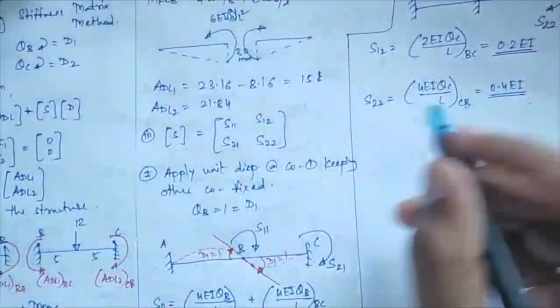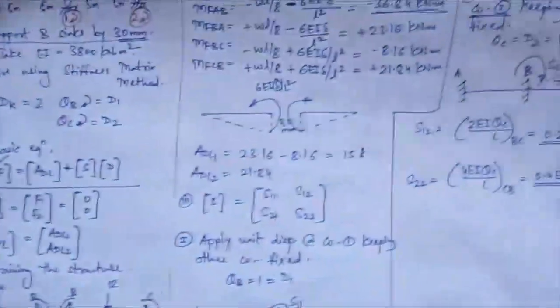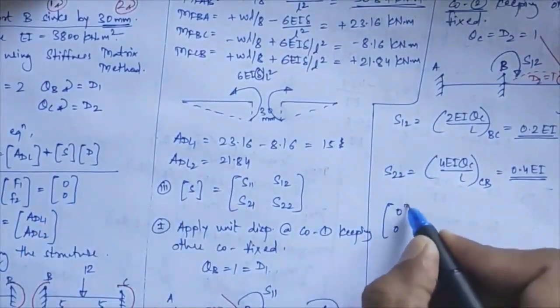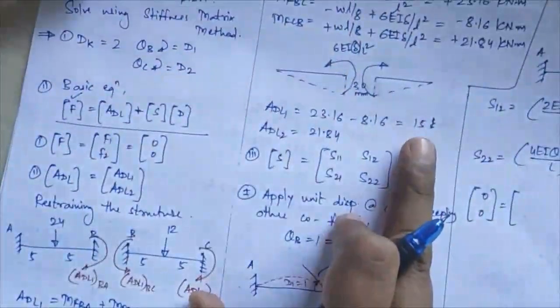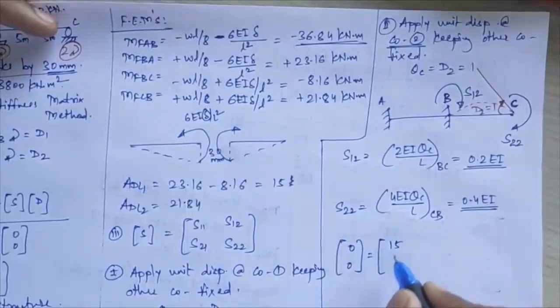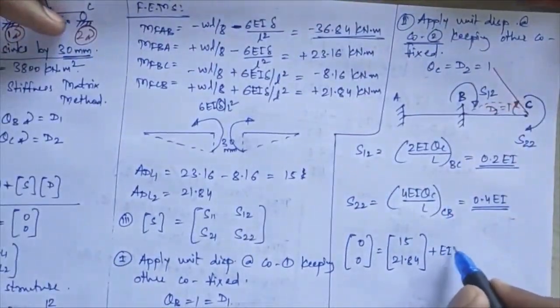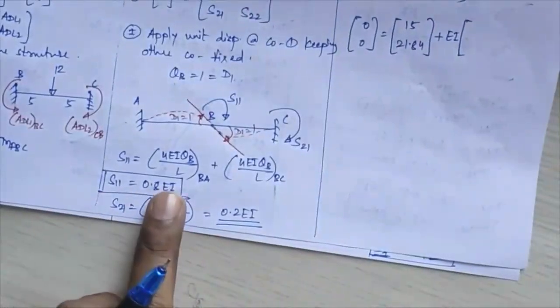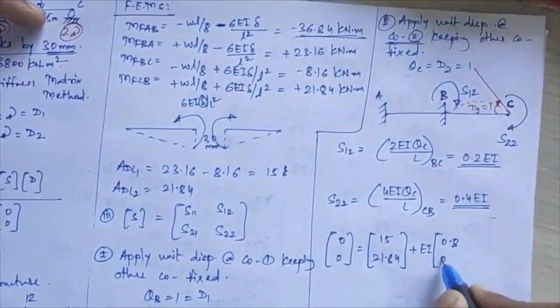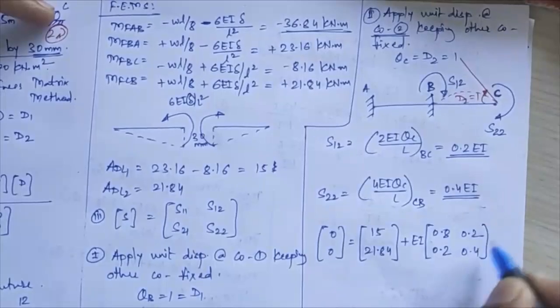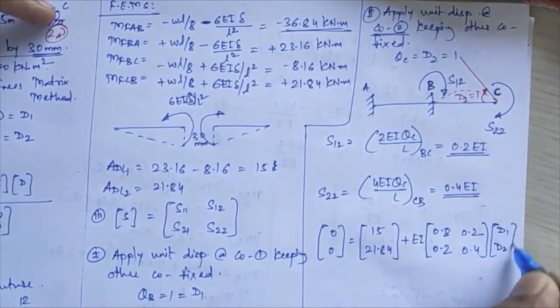Now I'll substitute all these values in our basic equation over here. The basic equation, F1 and F2 values, both I am getting 0, is equal to the AD L1 and L2 values, that is 15 and 21.84, plus from all the S terms I am having EI common, so I'll take that common here: S11 I am getting 0.8, S21 0.2, S12 again 0.2 and S22 I am getting 0.4, into D1 and D2 as my basic unknowns here.